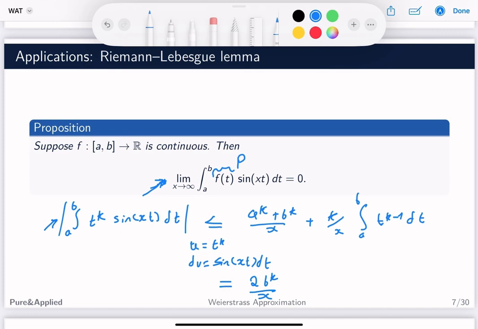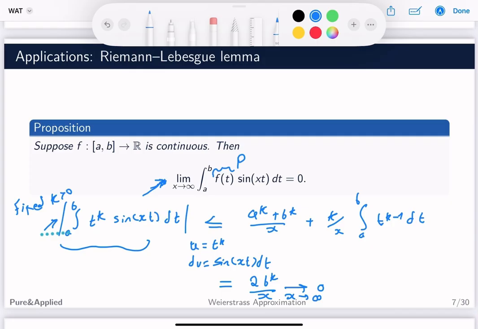The bottom line is that if you look at this function for a fixed k, it's going to go to 0 as x goes to infinity. And this is basically it.